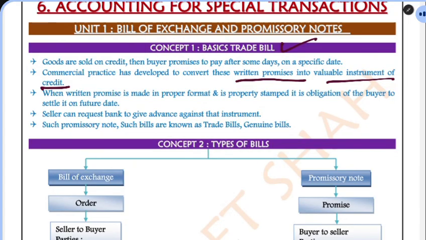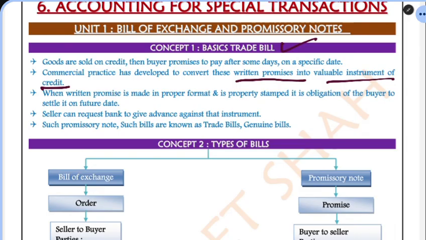But when that invoice is converted into a promise made in proper format and properly stamped, the weightage will increase. It becomes an obligation in the eyes of law. If you fail, you can be sued also.